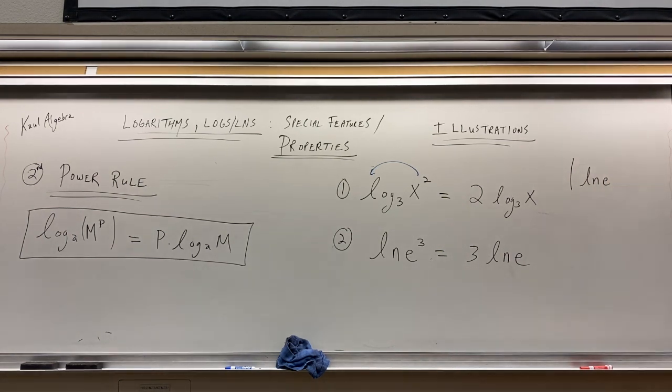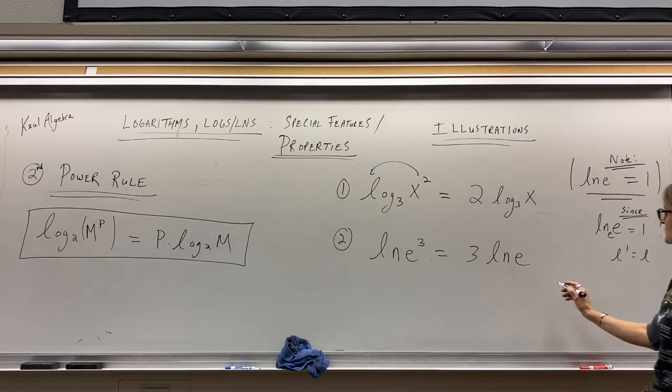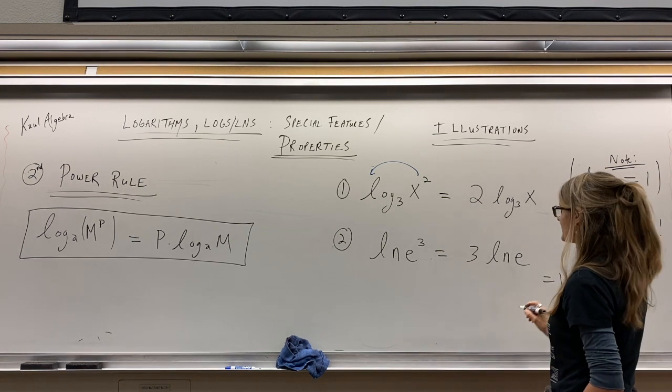I should have had that highlighted at the very beginning as well, but ln of e is always equal to 1. And why is that? Because ln of e has a base e, and e to the 1 equals e. So this is also equal to the value of 1.